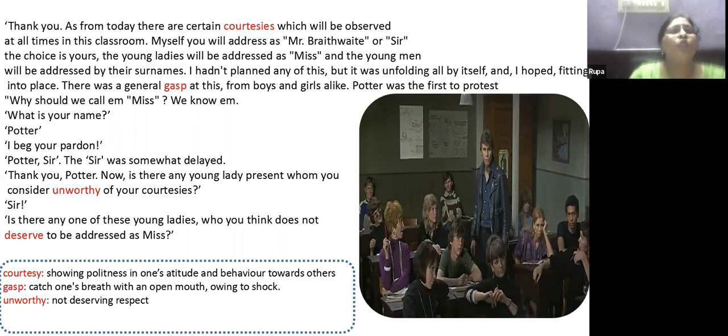And now what is he telling? He's telling that from that moment, the students are going to follow certain courtesies, which means they are going to behave in a very polite manner. And he is talking about one particular thing: how they are going to address him.